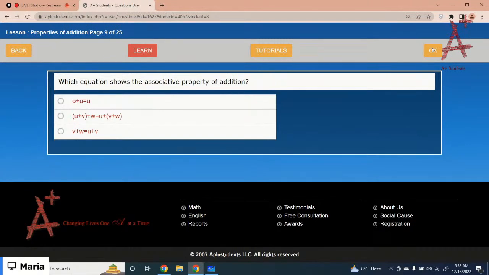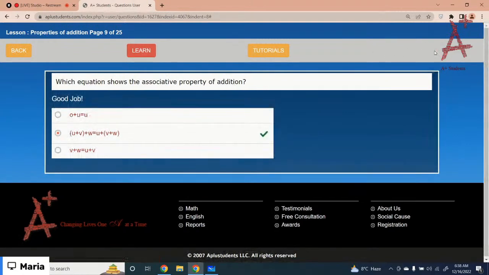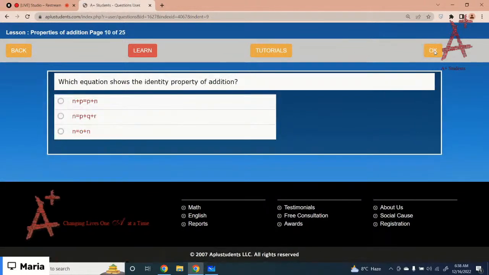The second one is the associative property, yes, because here you have three numbers involved. So on both sides, the numbers are exactly the same. So that is the associative property. Got it? Okay, which equation shows the identity property of addition? Which one is it?